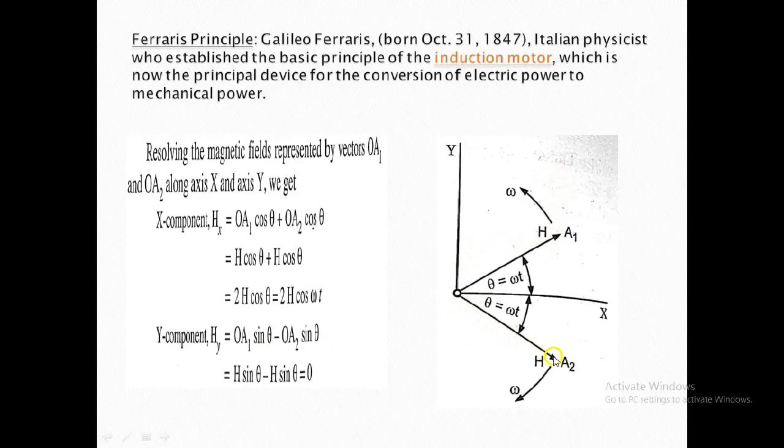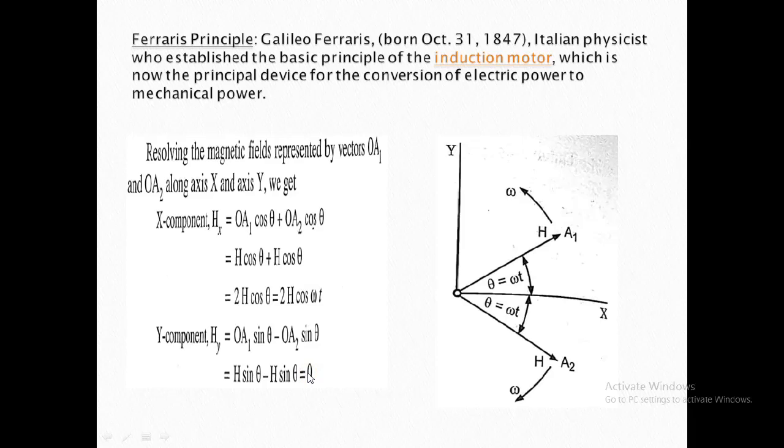If we resolve this, the perpendicular component is along the y axis, and the vertical component of OA2 is downward. So what is the resultant flux? OA1 sin theta minus OA2 sin theta. As the magnitude is the same, it is h sin theta minus h sin theta. In place of h you may also write phi. So the resultant flux along the y axis, or the y component, is 0.